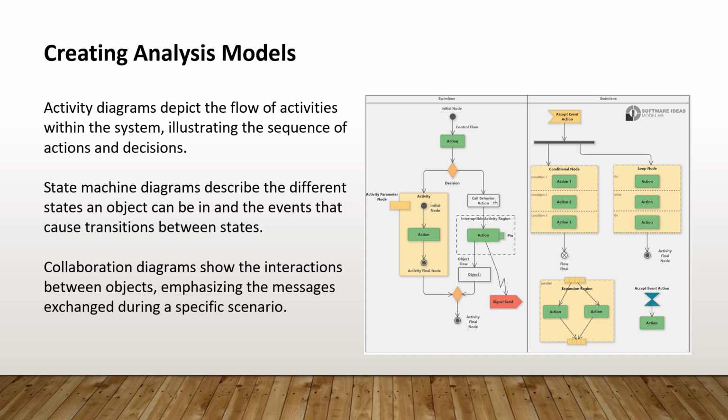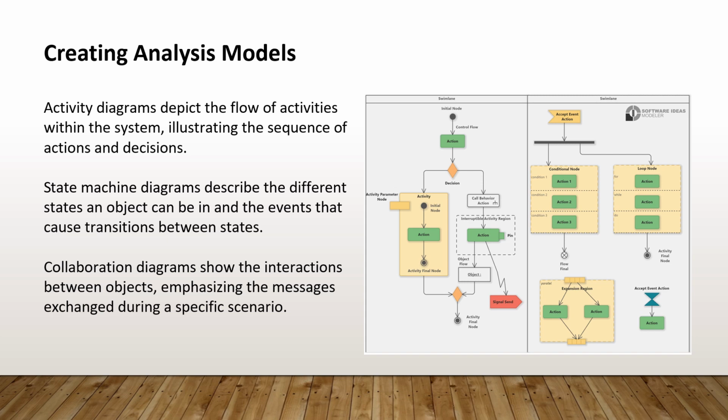Here we can see initial node, control flow, action, decision, activity parameter node, activity, initial node, action, activity parameter node, call behavior action, interruptible activity region, action, pin, object flow, object, activity parameter node, signal sound, and action, event action, conditional node, action.